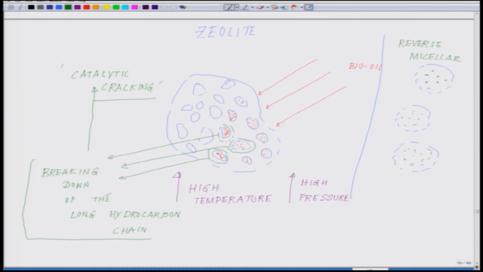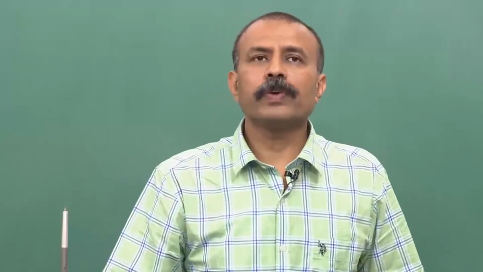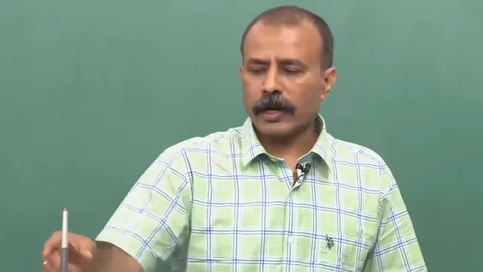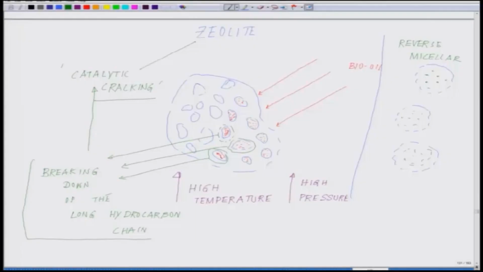I wanted to give you a visual feel of how the catalytic cracking is taking place. Zeolites are used for catalytic cracking of biofuels or bio-oils in order to increase their efficiency. We will come to this efficiency, how we measure the efficiency.